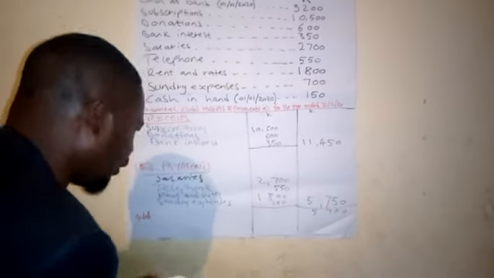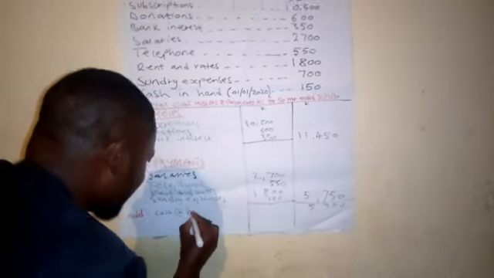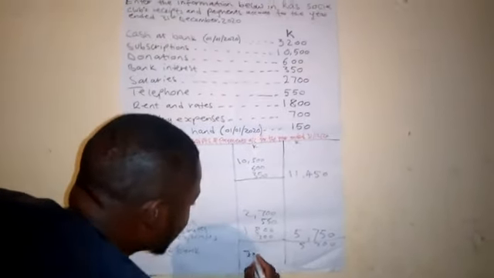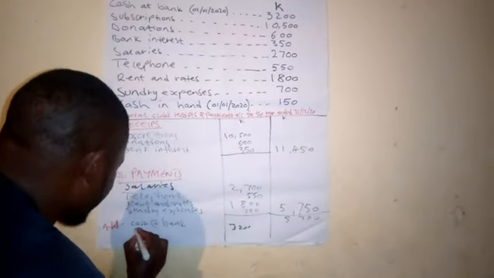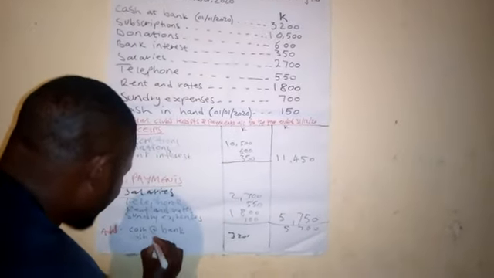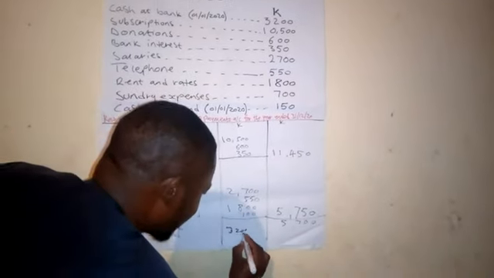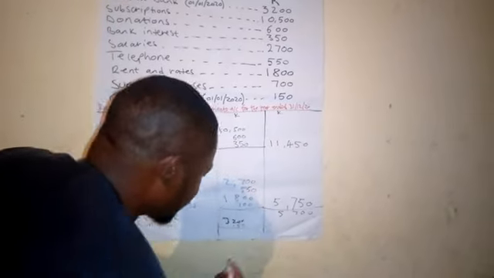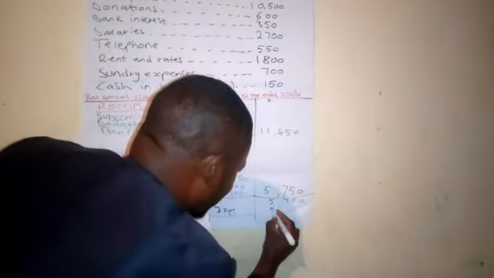And then we have cash at bank, 3,200. Then we have cash in hand, 150. Okay, so this gives us 3,350.